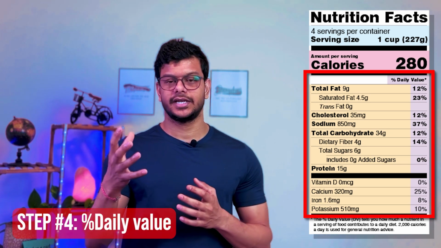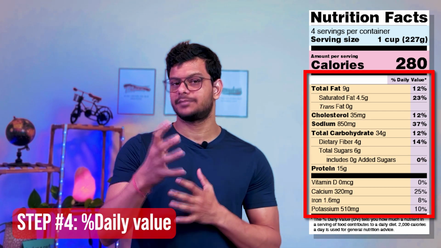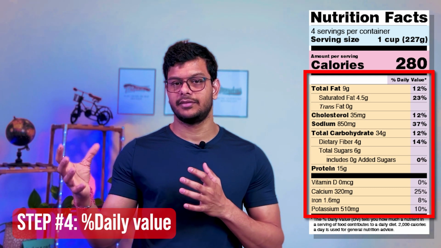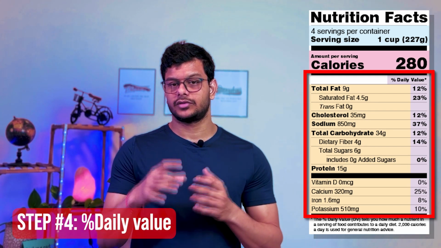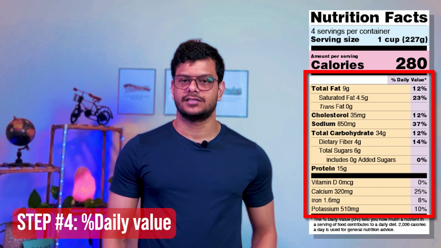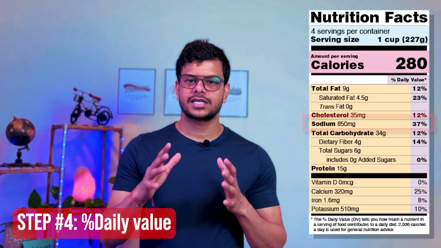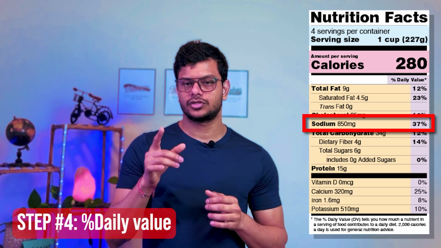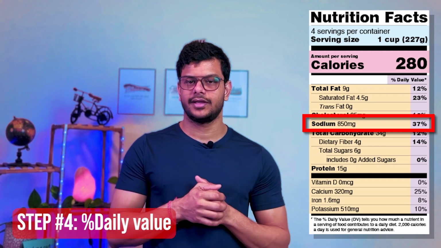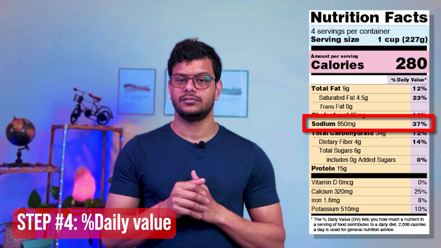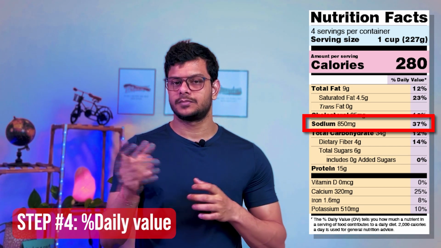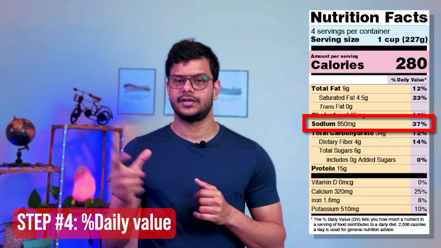The percentage daily value helps you in comparing that particular nutrient with the calorie mark to determine if the food is high in that particular nutrient or low. Let's understand this better with an example. Let's consider sodium. It shows here that a single serving is going to have 37% of daily value in sodium with respect to a 2000 calorie reference.